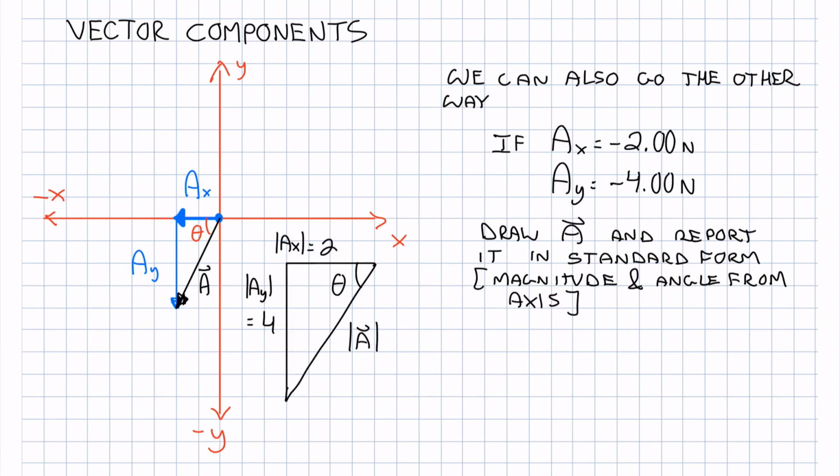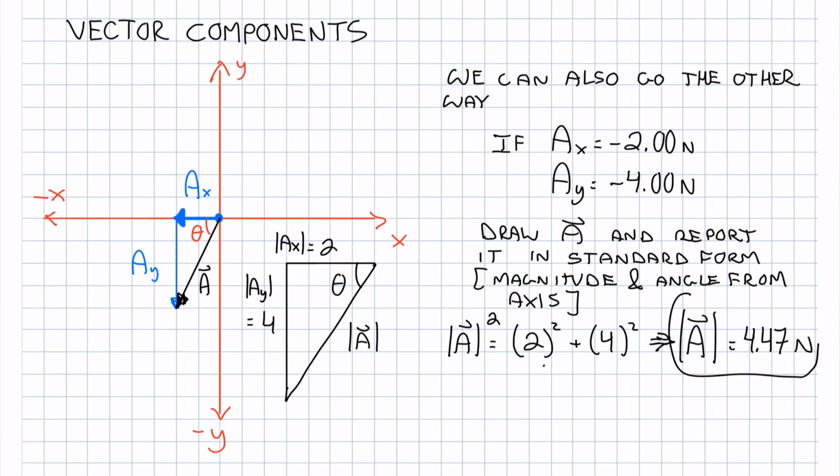Now I'm just going to resketch that right triangle using magnitudes so that the positive and negative signs don't cause me any confusion during calculations. Now that I know the magnitudes of the opposite and adjacent sides, I can use Pythagoras' theorem in order to calculate the overall magnitude of A. The overall answer turns out to be the square root of 20, or in decimal form, 4.47 newtons.